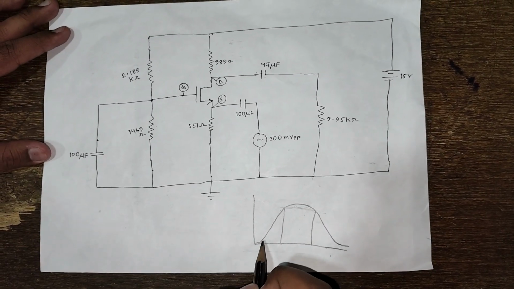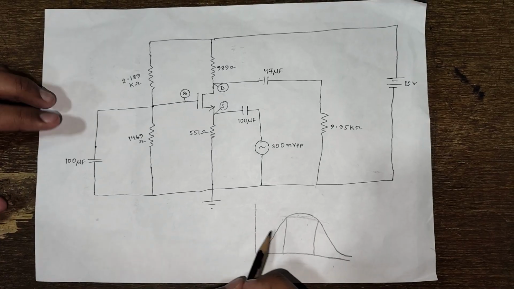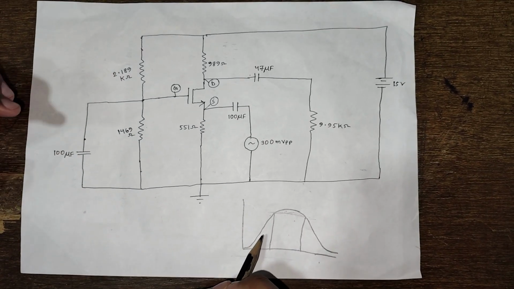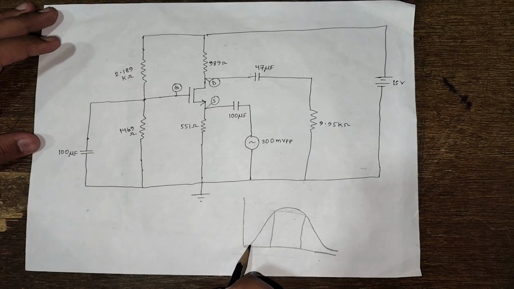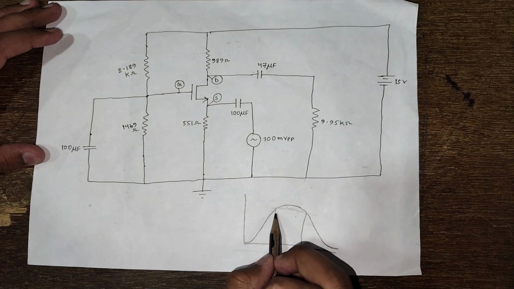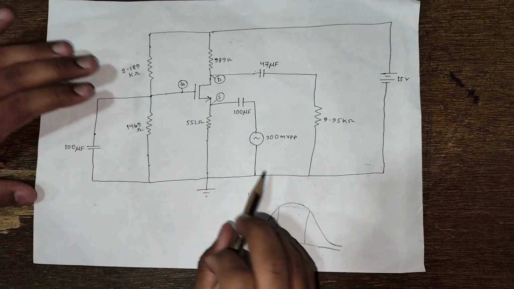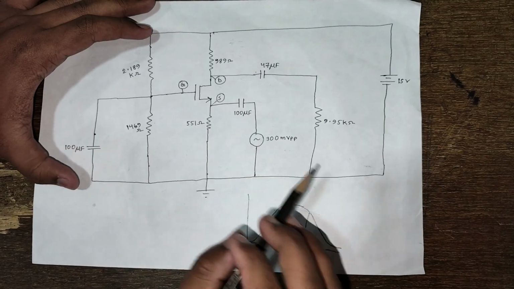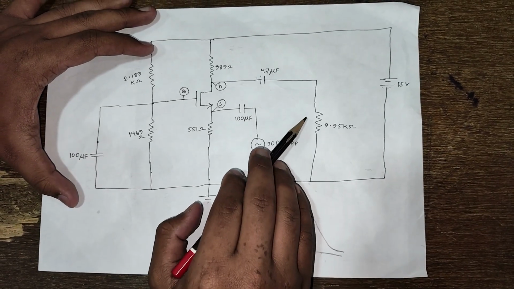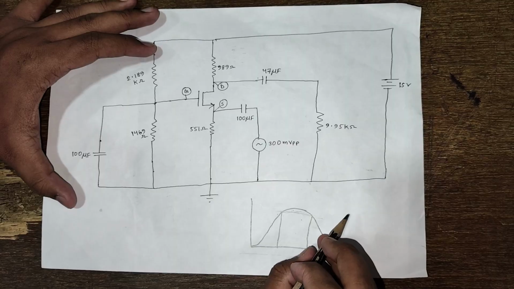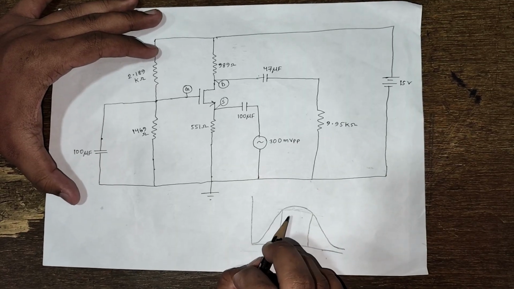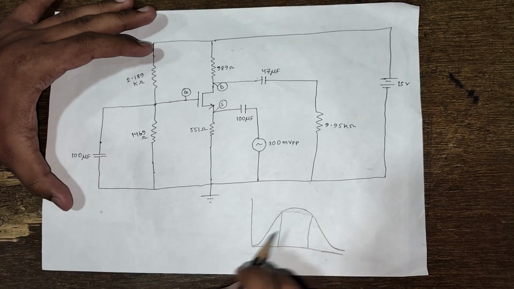Basically, at low frequencies, the coupling capacitors have high reactance and block a part of the input signal, which reduces the gain. In the mid-frequency range, the capacitors act like a short circuit and all the current goes through the load resistance. That's why the amplifier provides a constant and maximum gain.